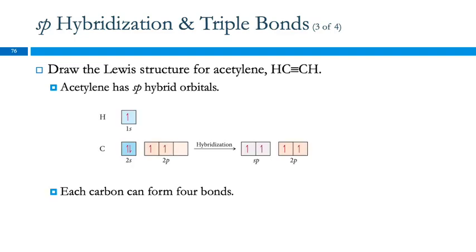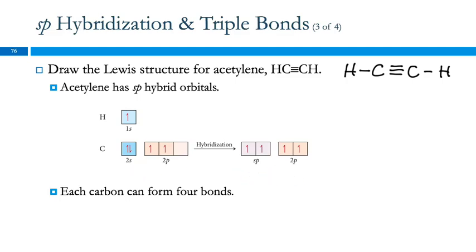So let's look at acetylene. Let's draw the Lewis structure. There's a Lewis structure. It's very similar to that. Acetylene has sp hybrid orbitals, for now because I told you so. Here's the carbon, and here are the atomic orbitals.